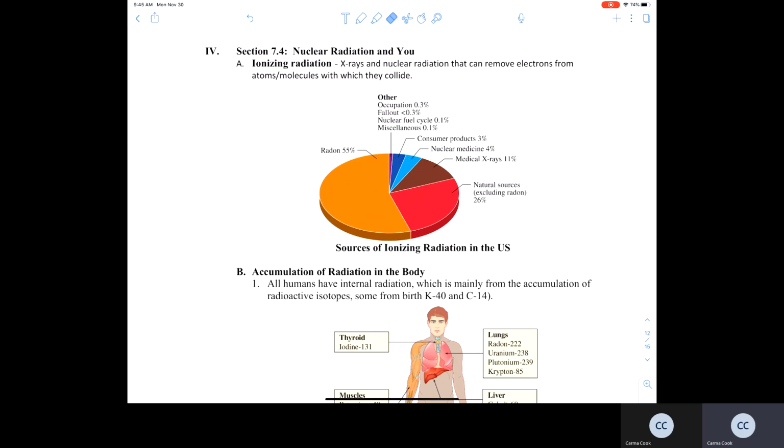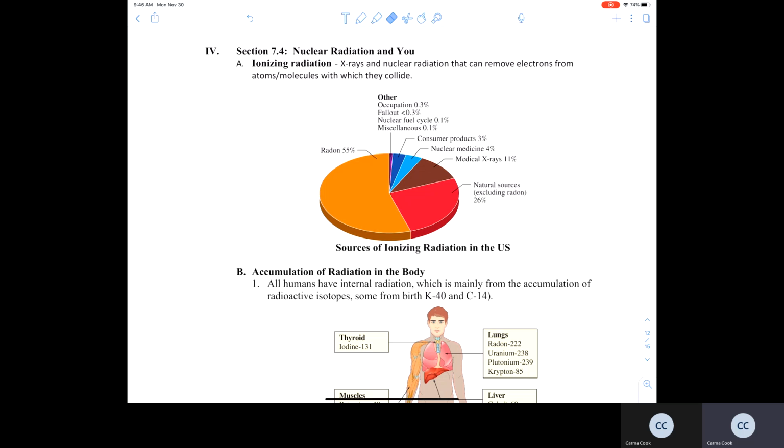So if the waves are so small in energy that they can't remove electrons or mutate large molecules like DNA, then they do not cause mutations, and therefore they do not cause cancer.